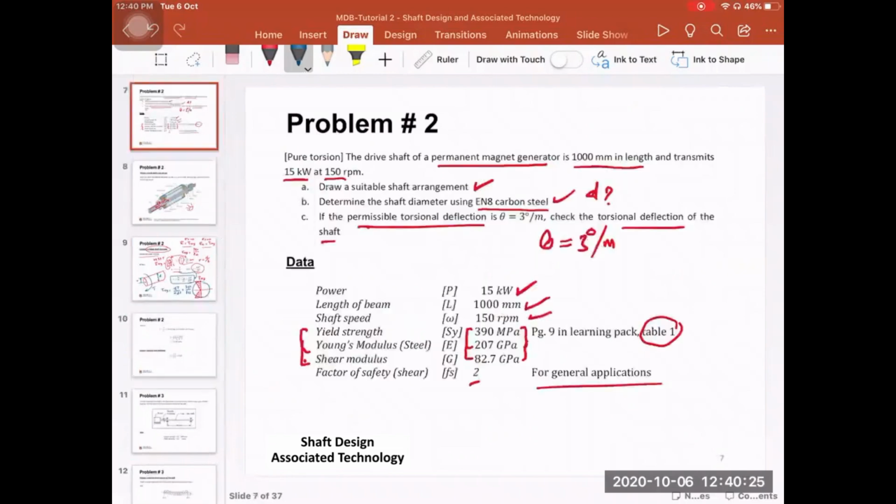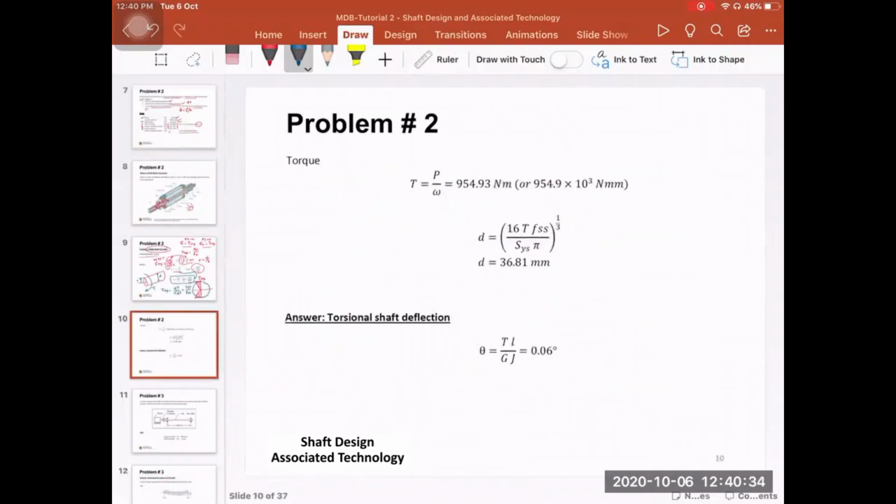Let's go back to here. So the power is given and the speed of the shaft is given. So 15 kilowatt, 150 RPM. So omega is normally 2 pi n over 60. So n here is 150.